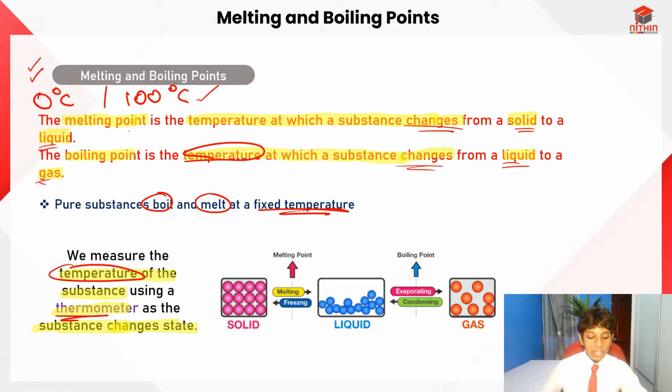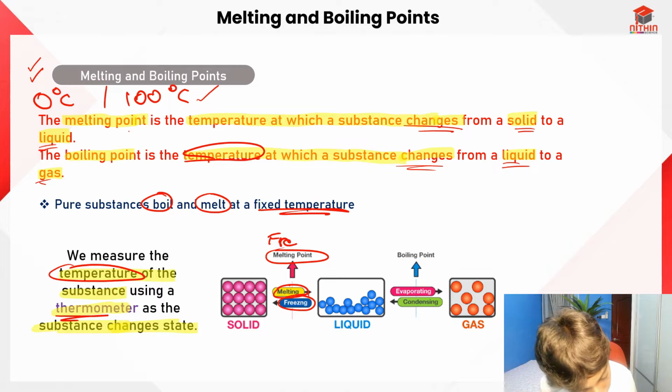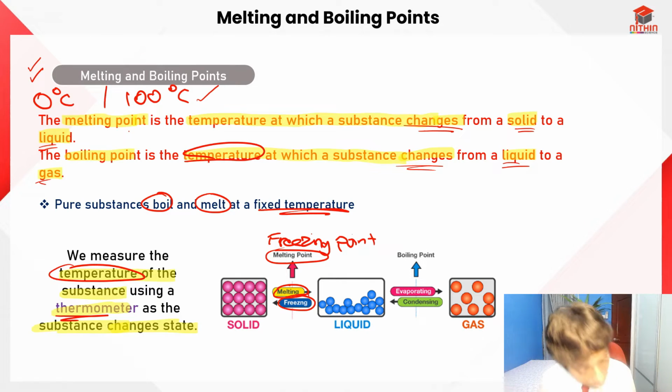So this is basically a graph that shows melting and boiling points, where exactly they are. This part over here, melting and freezing. Like I said, melting and freezing is basically the melting point, or known as the freezing point. Melting point is when it moves from solid to liquid, while freezing point is when it goes from liquid to solid.